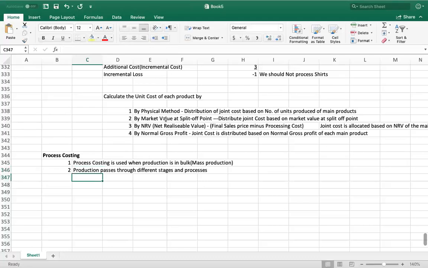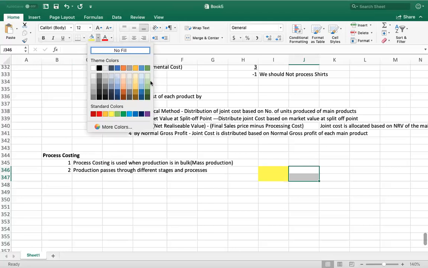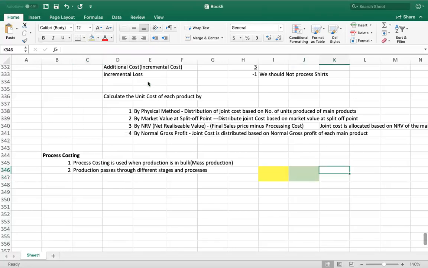First it goes to the first process, let me make a sketch. Then it goes to the second, then to the third process, and then it becomes your finished goods.